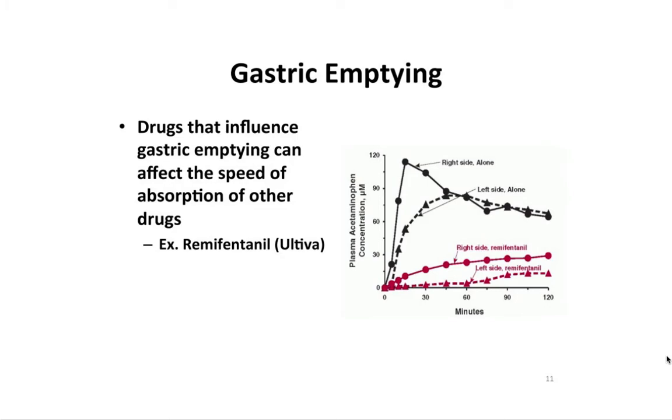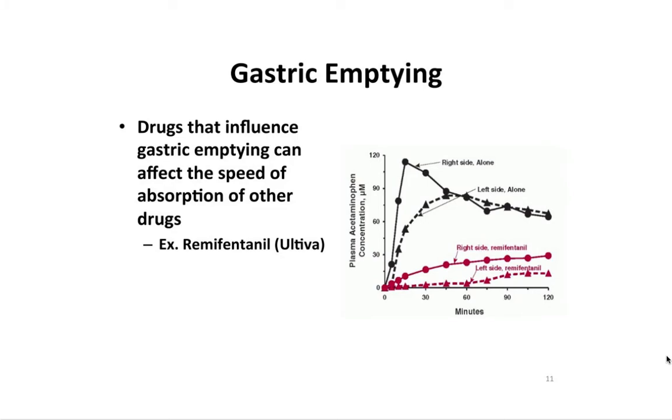So what you see here is when the drug is given alone, and of course, what was being studied was acetaminophen absorption from the GI tract when remifentanil was administered.